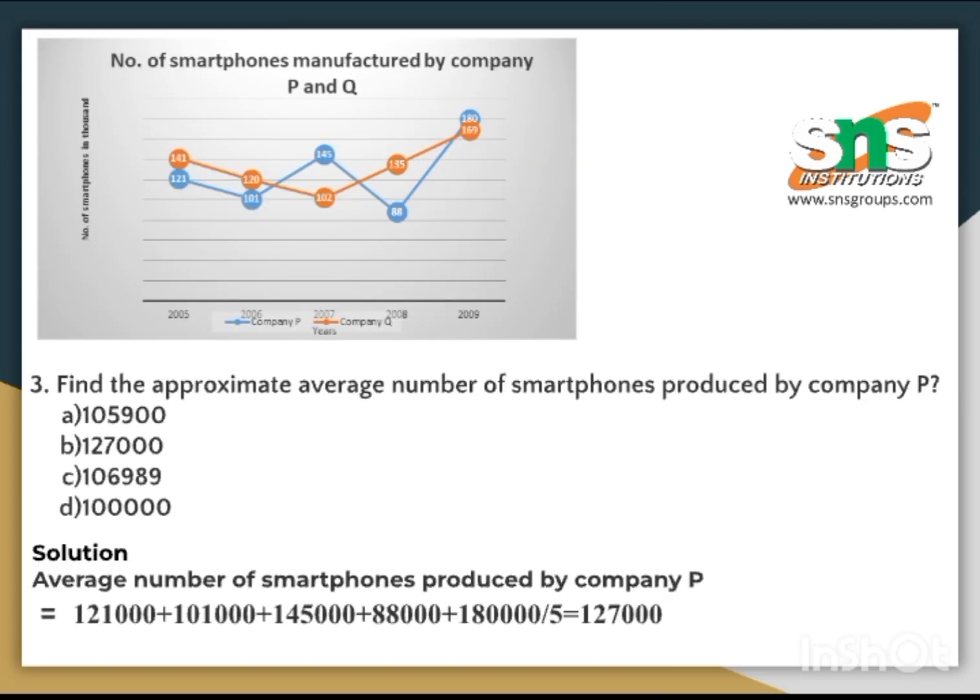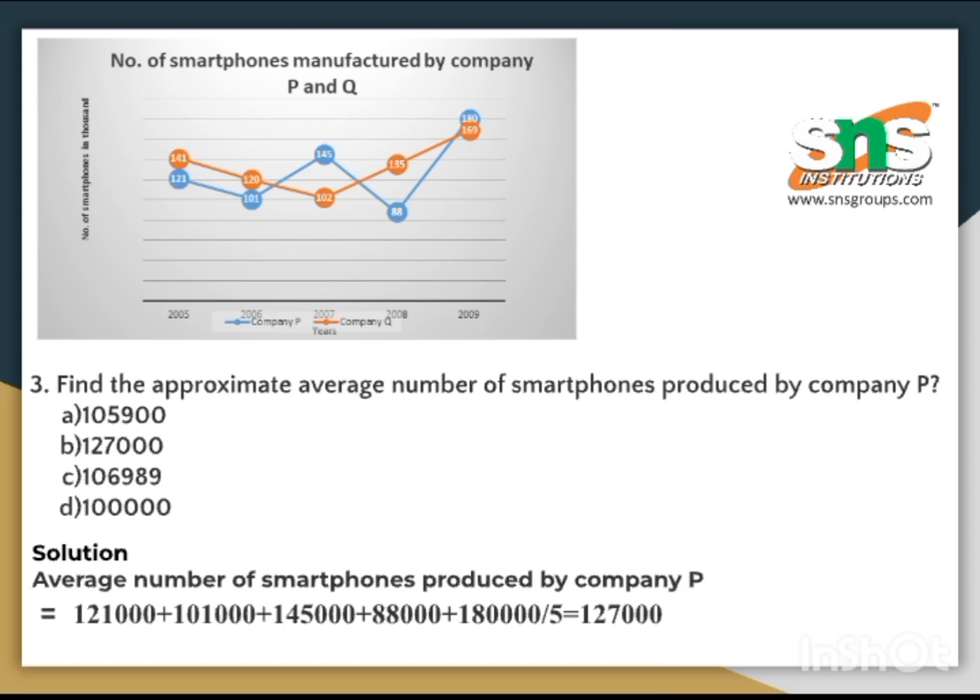So the average is 121,000 plus 101,000 plus 145,000 plus 188,000 plus 18,000, divided by 5, which gives 1,27,000. So the average number of mobile phones sold is 1,27,000. So option B will be the right answer.